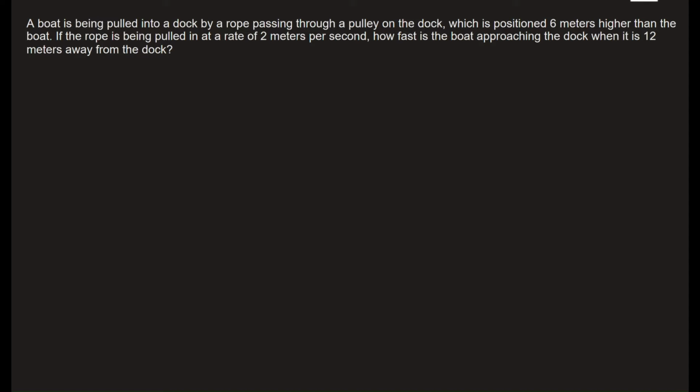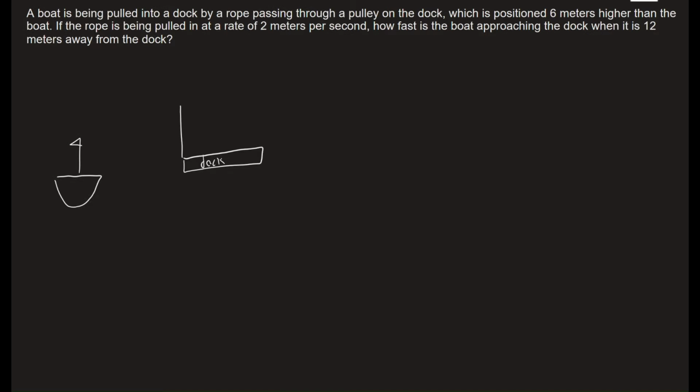Okay, so let's draw a quick diagram. So that's the boat. Here's the dock. And it says that the pulley is 6 meters higher than the boat, so we could label that. It also says the boat is 12 meters away from the dock, so we could also label that, and we'll complete the triangle.